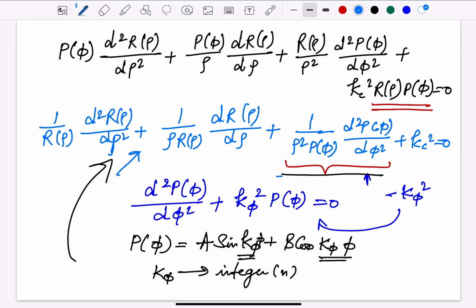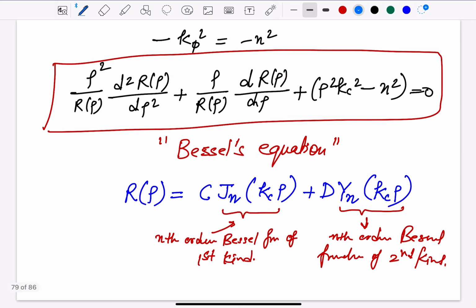So this term we consider as minus k phi square, writing this differential equation, and the general solution is like that. Then we replace minus k phi square by minus n square. This is a very well known and popular format of differential equation, popularly known as the Bessel equation.